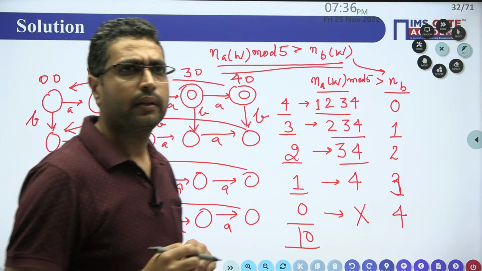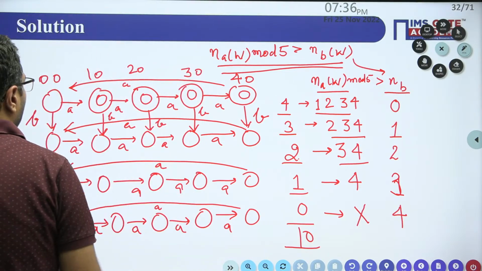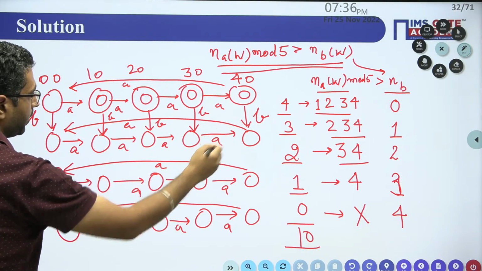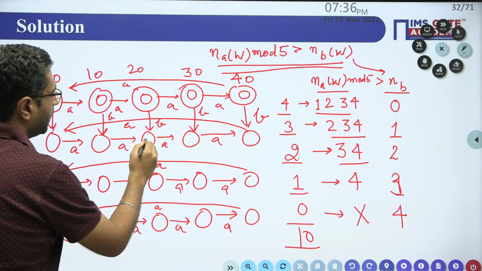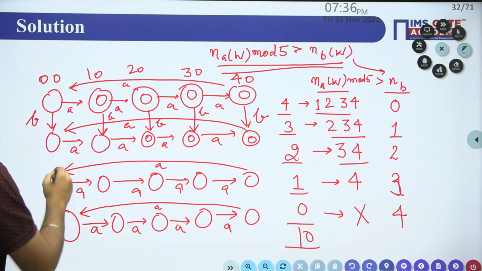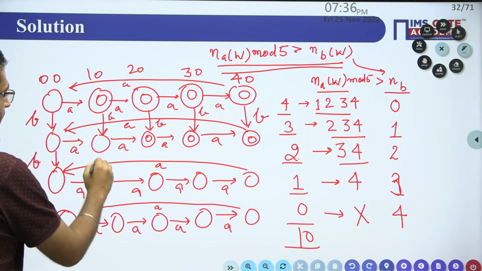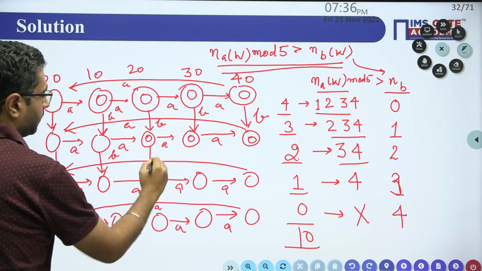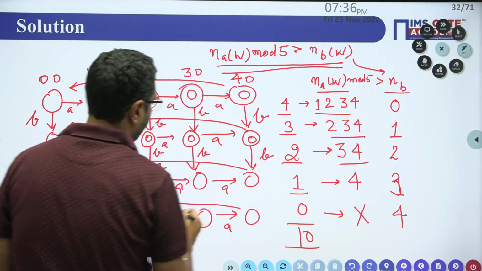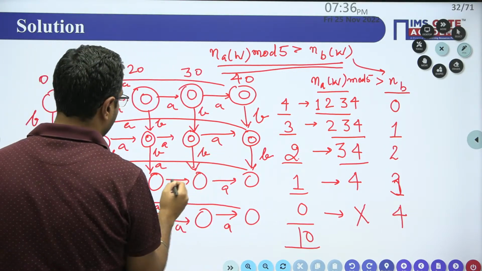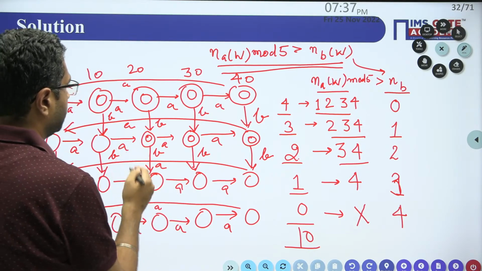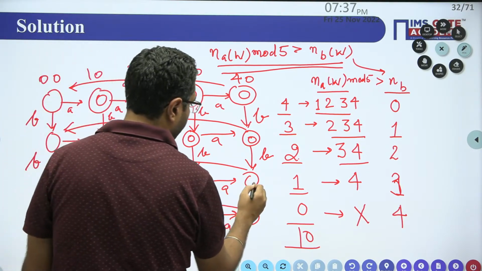Is it okay? Right? Now in this line the number of B's is 1, and we can say 2, 3 and 4 are going to be final states. In this row the number of B's is 2, and then the final states you get are only 3 and 4.